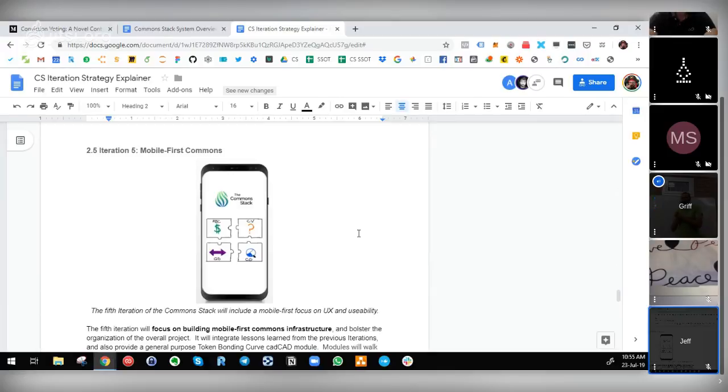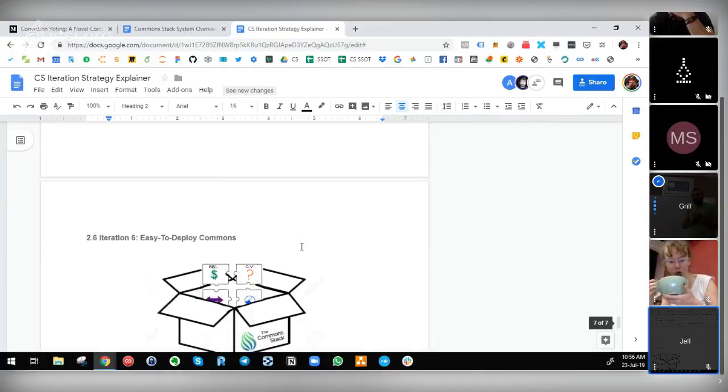Iteration 5 is huge on the second iteration of the analytics dashboard. There's a lot of stuff going on the back end of that, but also taking every single component and making it so that it fits on the phone. Because if we actually want people to use this stuff, if we actually want to strive forward and make this something that can change the world, then it's got to be on the devices that everyone has in their pocket. So that's the big focus for iteration 5.